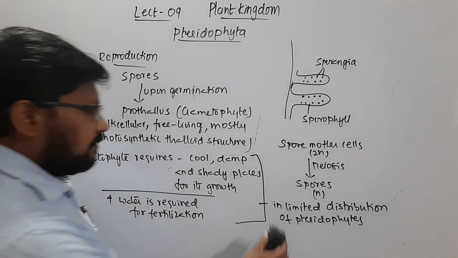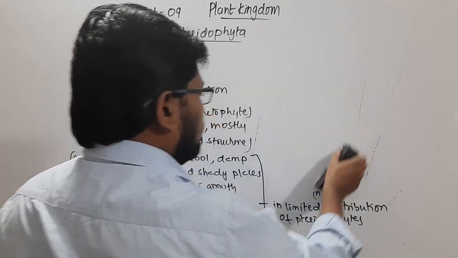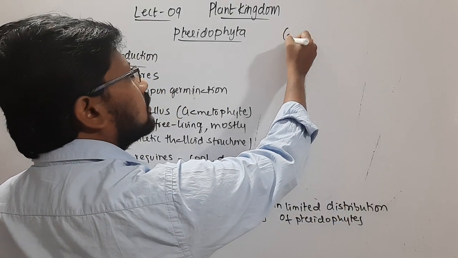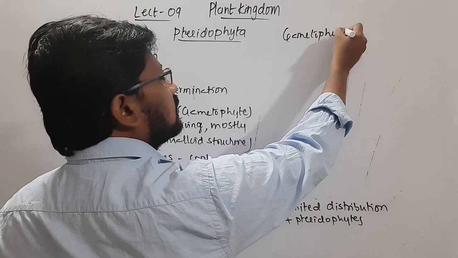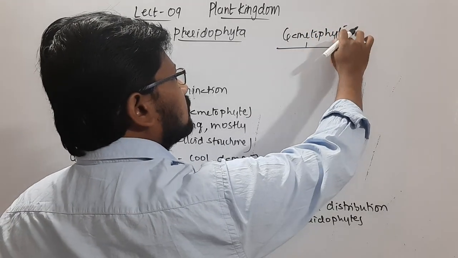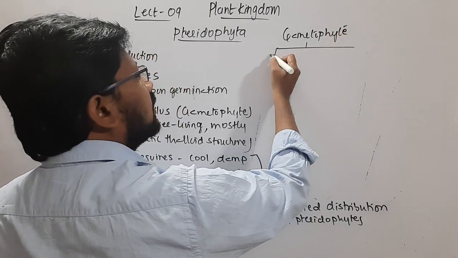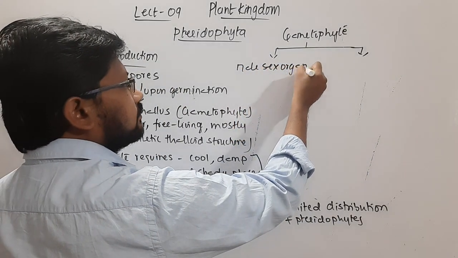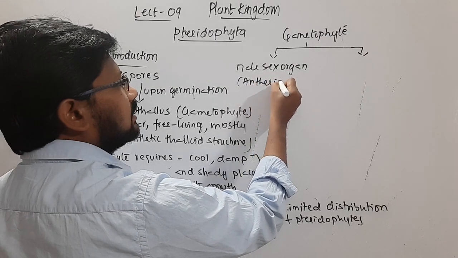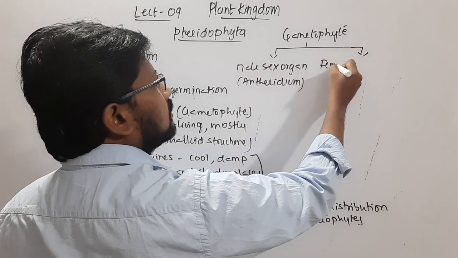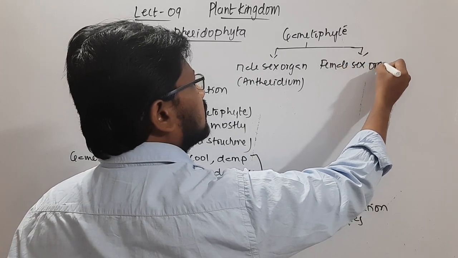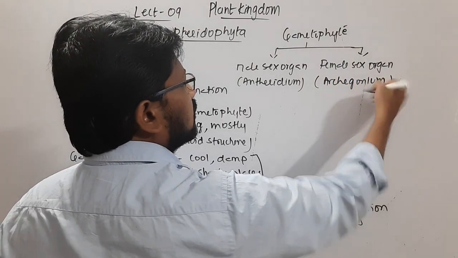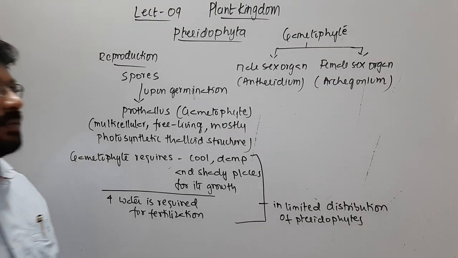Now these gametophytes will develop sex organs. The gametophyte will have the male sex organ, the antheridium, and the female sex organ, the archegonium.